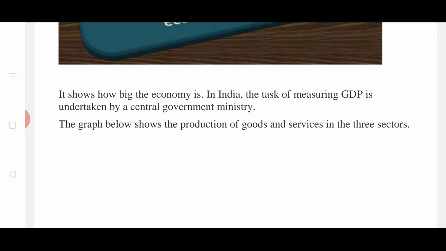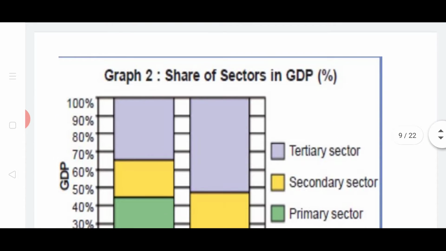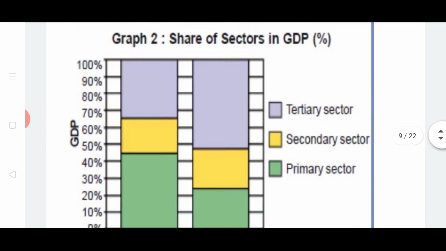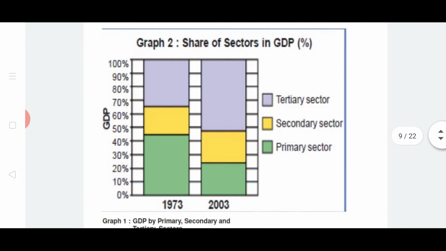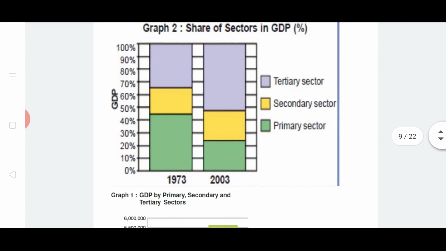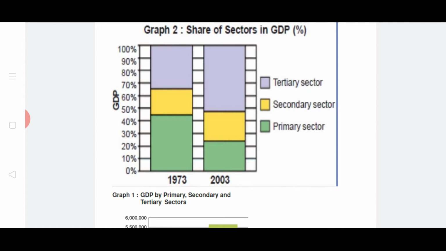The graph below shows the production of goods and services in the three sectors. Here we are making a comparison on the basis of data. We are taking 2 years, 1973 and 2003. Here we see two bar diagrams with three colors.